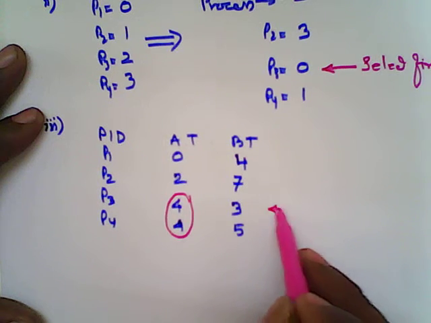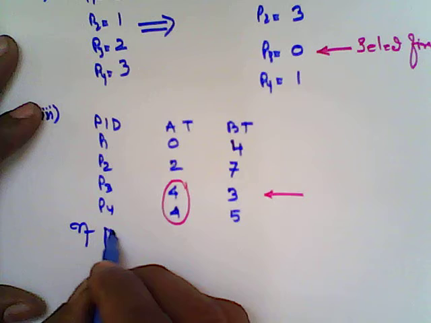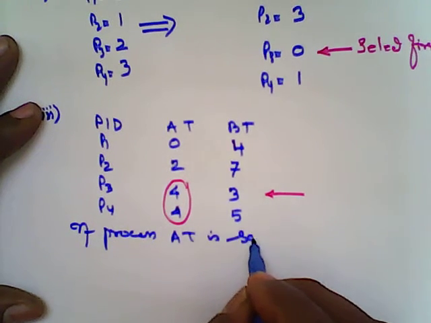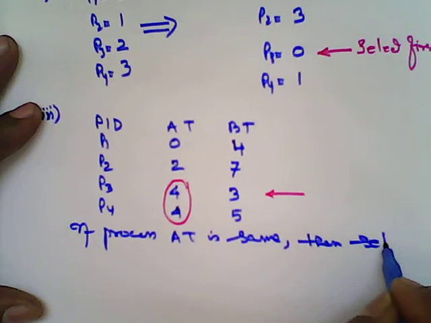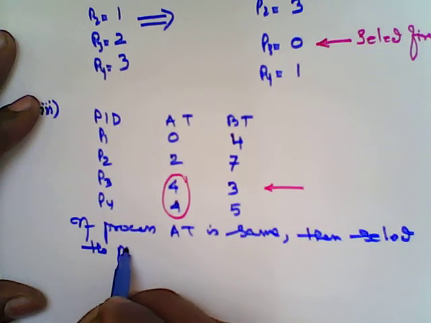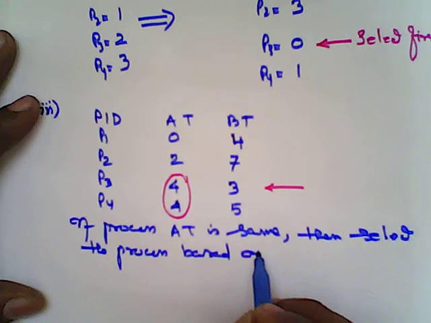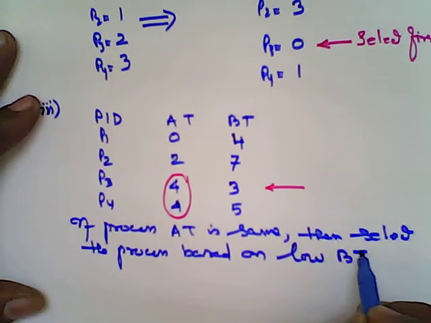So if the process arrival time is the same, select the process based on the lowest burst time.